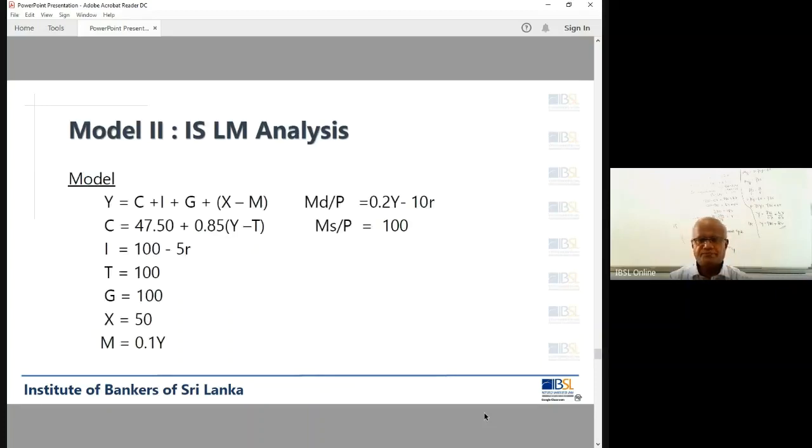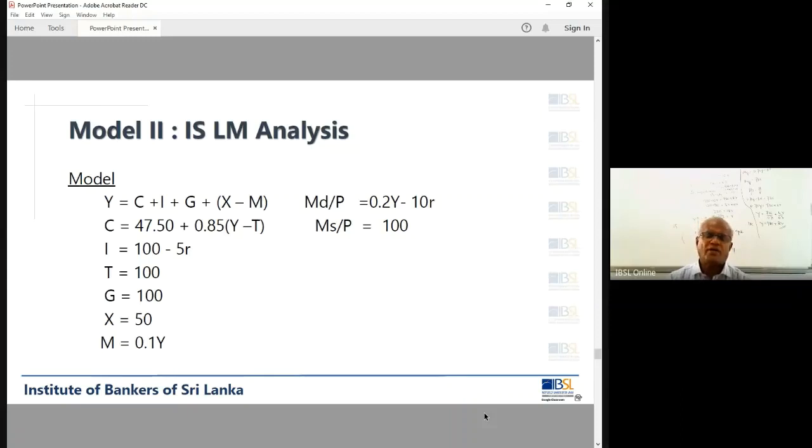Substitute C, substitute T as 100, G as 100, X as 50, and 0.1Y. You have another Y term. In the overall equation, the left hand side has Y, and on the right hand side Y appears two times, 0.85Y and 0.1Y. You have to simplify all these, then bring the Y to the left hand side.